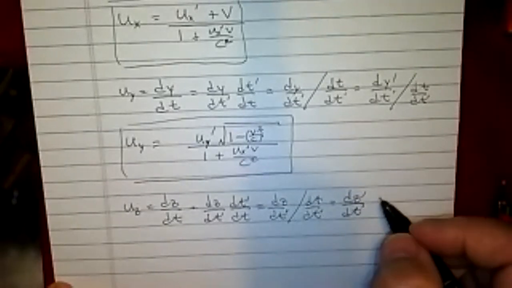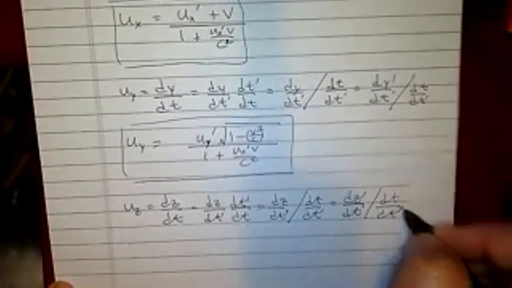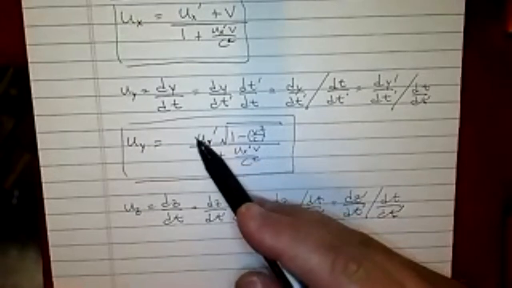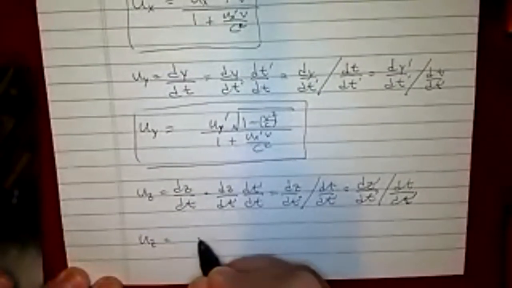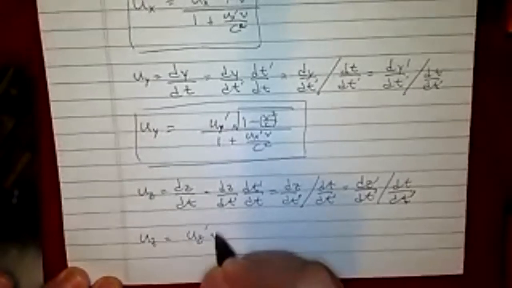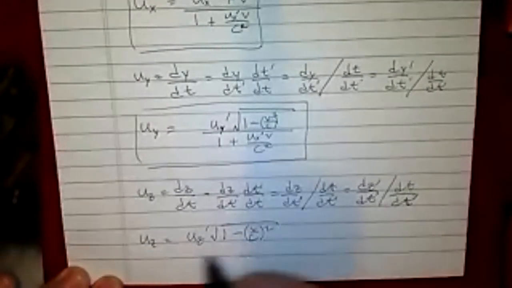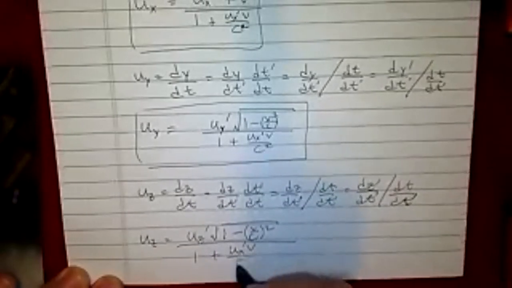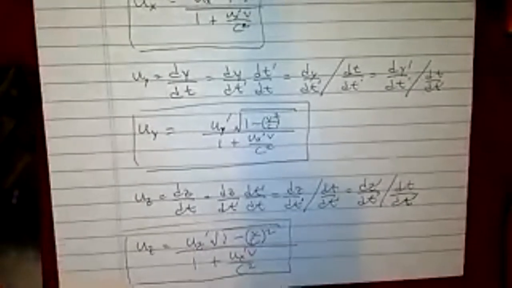I dropped it. Sorry about that. Divided by dt over dt prime. So you can see I'm going to get exactly the same result as I did before, except I'm going to have a uz prime there. So uz is just equal to uz prime times the square root of 1 minus v over c quantity squared, all that over 1 plus ux prime v over c squared. And that is our derivation of the relativistic addition of velocities.